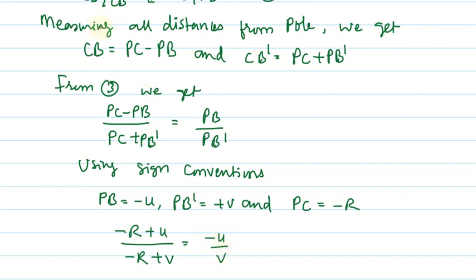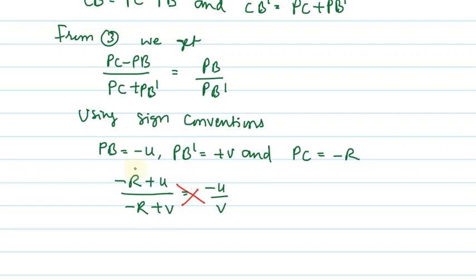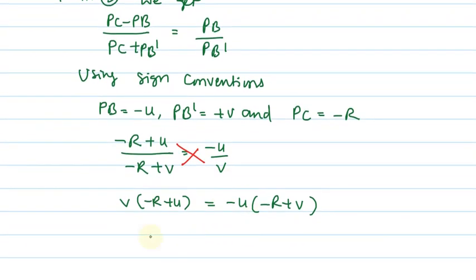If we cross multiply, we can write V into minus R plus U is equal to minus U into minus R plus V. When we multiply V with each term, minus VR plus VU is equal to UR minus UV.